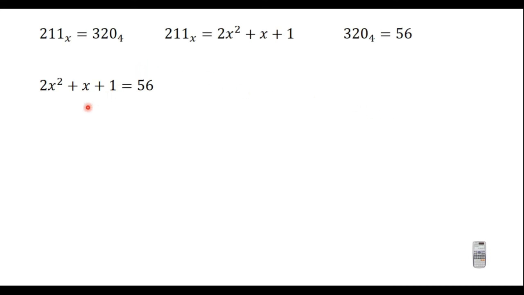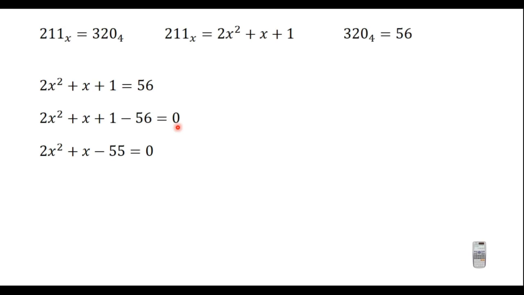Now this is a quadratic equation, so you bring this here so that you can have equal to 0 here. So you are going to have 2x squared plus x plus 1 minus 56 is equal to 0. And this is going to give us 2x squared plus x minus 55 is equal to 0.